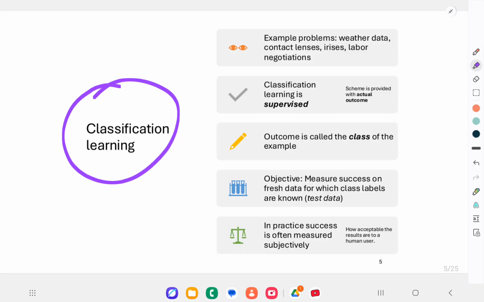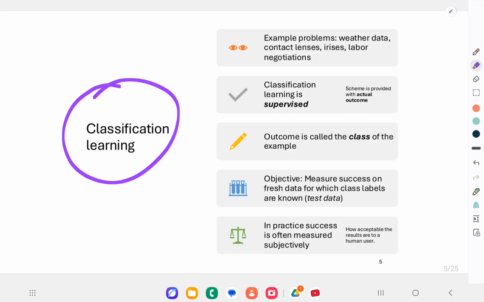And it's always important to remember that success in classification is not always just about accuracy, right? In many real-world applications, especially in business or medicine, the acceptability of the prediction to a human matters just as much as the numeric score or the accuracy, right?